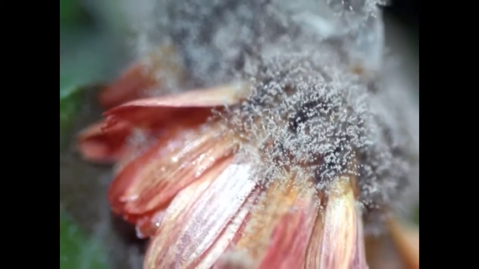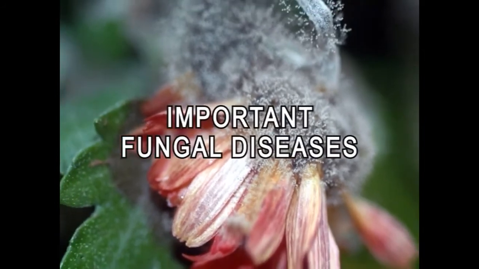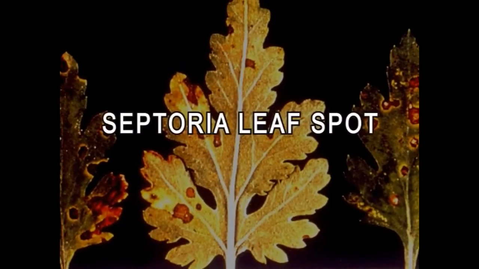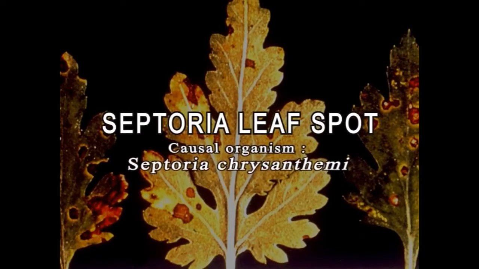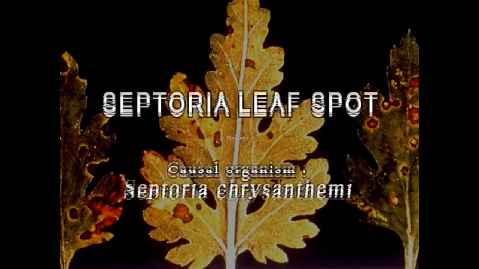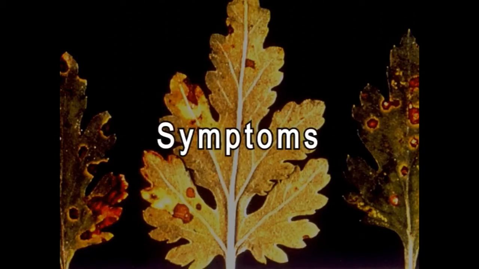A number of pathogens attack the flower and cause many diseases. Some of the important fungal diseases. The first fungal disease is Septoria leaf spot. Causal organism: Septoria chrysanthemi. Now let's see the symptoms of the disease.